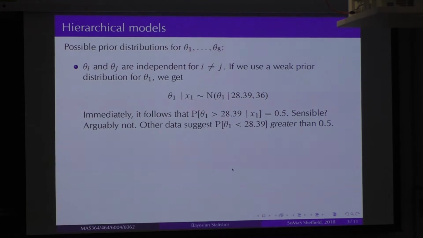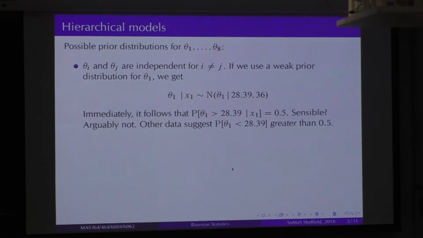And if we are assuming that each school is independent, then, for instance, the posterior distribution for the first school will be Gaussian with mean 2839, which is the only observation that we have for that school, and we assume that the variance is known, is 36, okay?